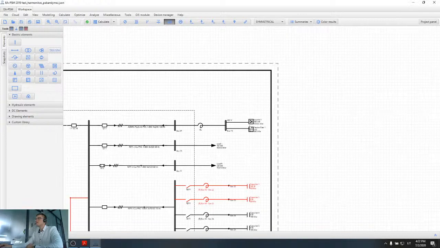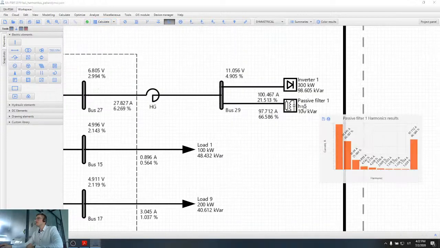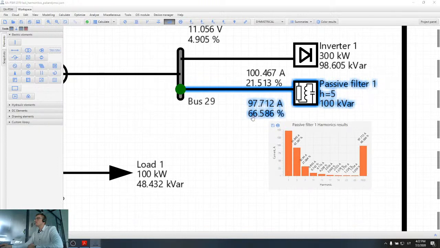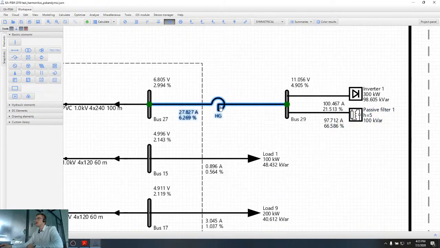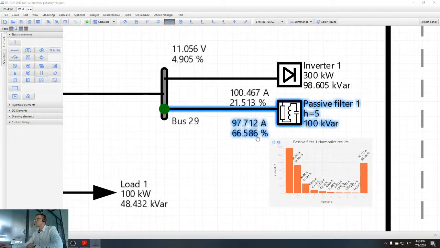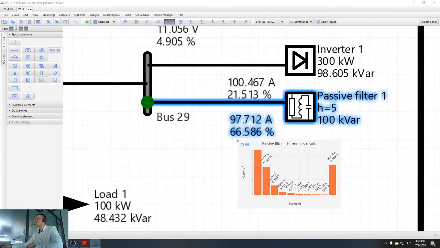So now with this configuration, let's calculate the harmonics in the network. You remember that before I added the harmonic gate, the passive filter was loaded with harmonics equal to 90%, a very high harmonic level. When I added this harmonic gate, I can see that my passive filter is not so overloaded with harmonics. It's only 66%.